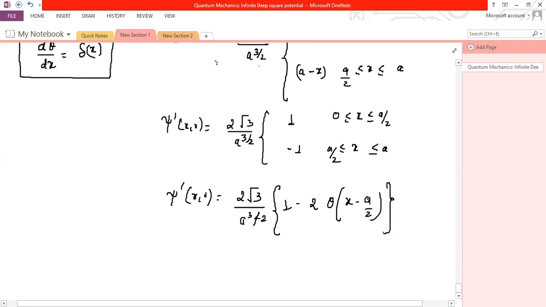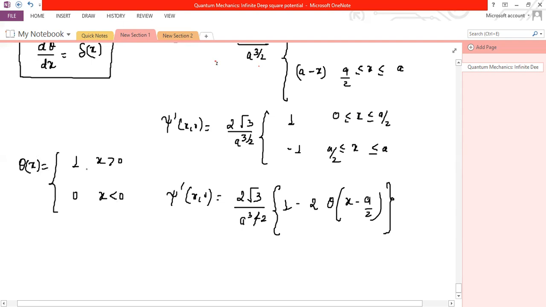If you don't know, I'm writing it here. The unit step function is expressed this way: it is equal to 1 if x is greater than 0, and equal to 0 if x is less than 0.